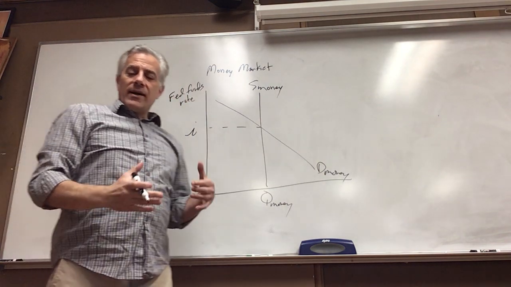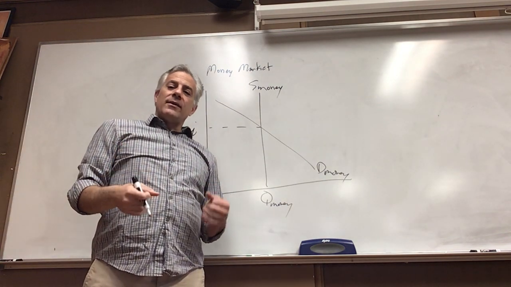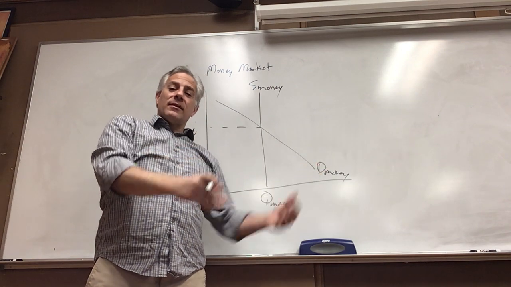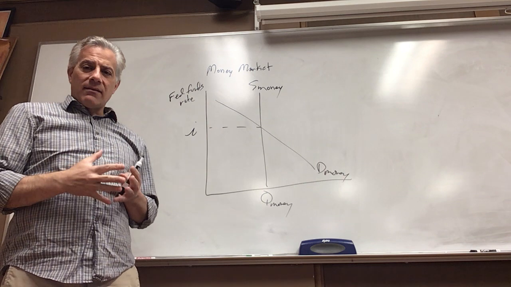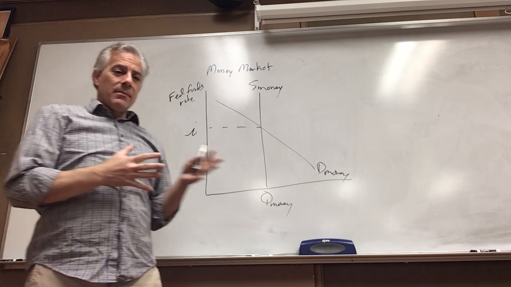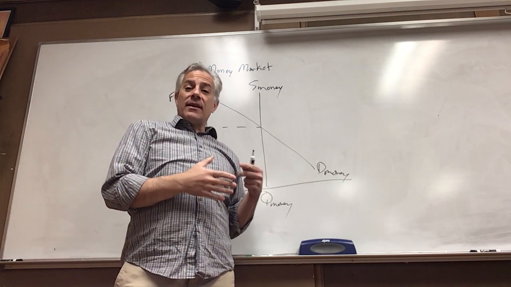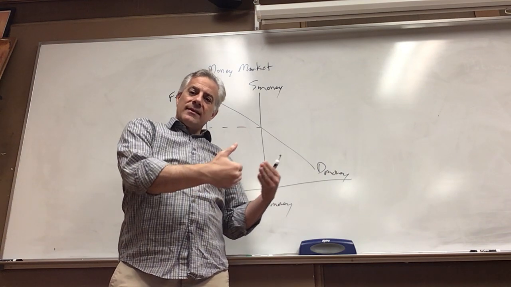Well, if the Federal Reserve wants to lower the federal funds rate, they don't say, hey, let's lower the federal funds rate. They actually have to do something. So the discount rate, the rate that the Federal Reserve charges to banks that borrow, they can just say, okay, we're going to lower this from 4% to 3%.